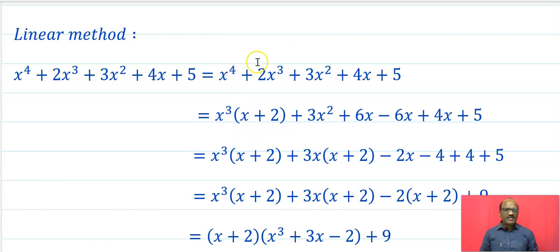Therefore I had written here 2x cube. Now from these two terms, if I take x cube common, then in the bracket you will get x plus 2. And the remaining terms are as they are: 3x square and 4x plus 5.